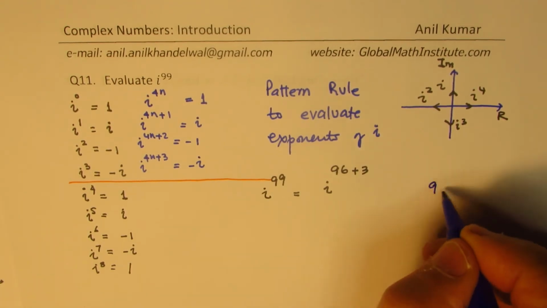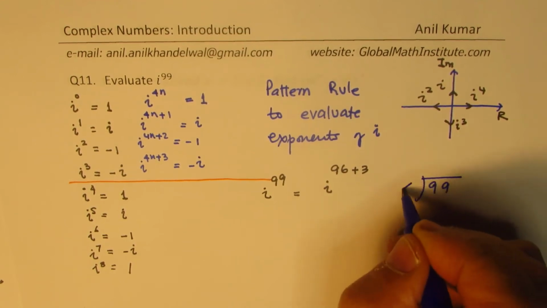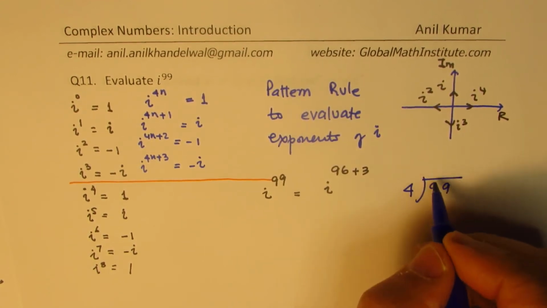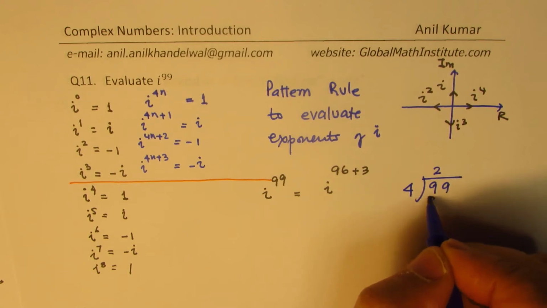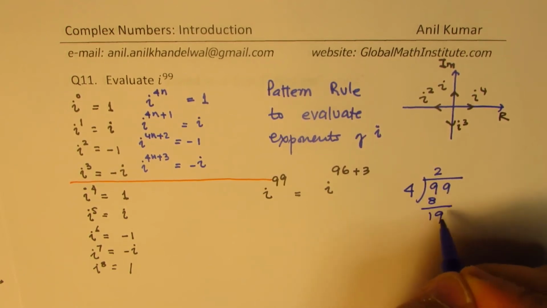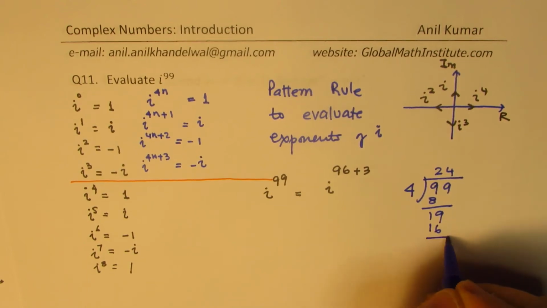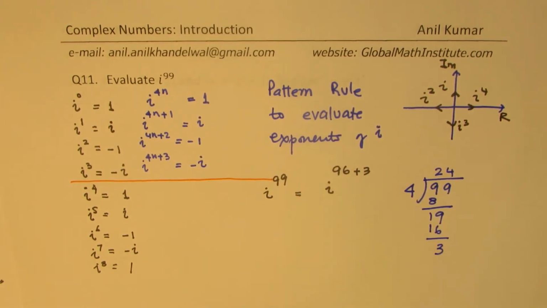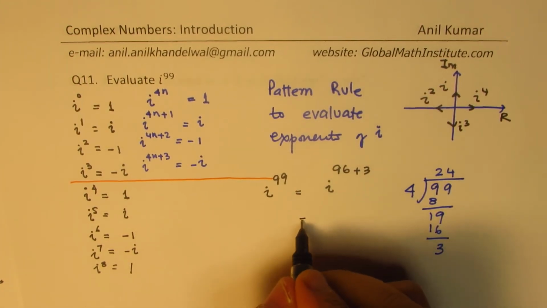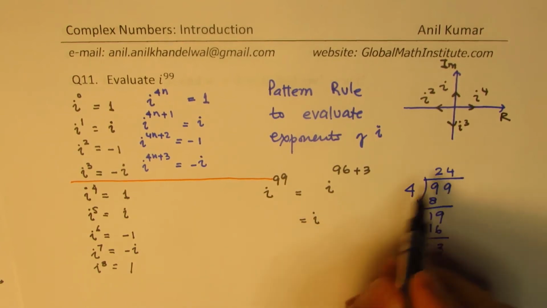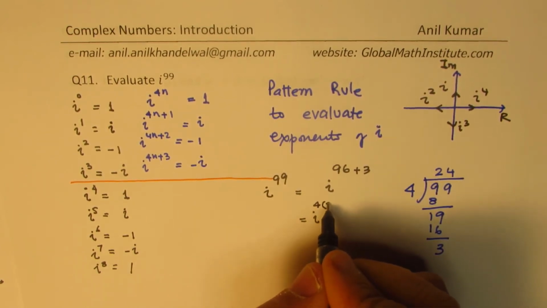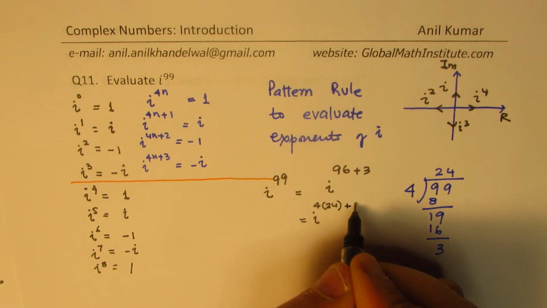If I divide 99 by 4, what do I get? 4 times 2 is 8, then we get 19, and 4 times 4 is 16. The remainder is 3. So basically, we could write i to the power of 99 as i to the power of 4 times 24 plus 3.